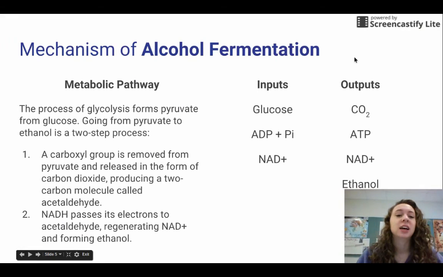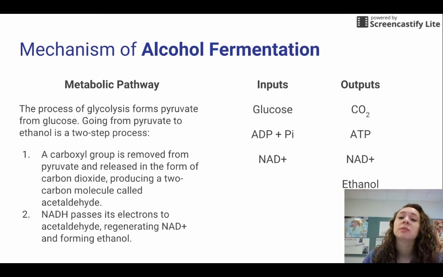So the mechanisms of alcohol fermentation. The process of glycolysis forms pyruvate from glucose. And then going from pyruvate to ethanol is a two-step process. First, a carboxyl group is removed from pyruvate and released in the form of carbon dioxide, producing a 2-carbon molecule called acetaldehyde.